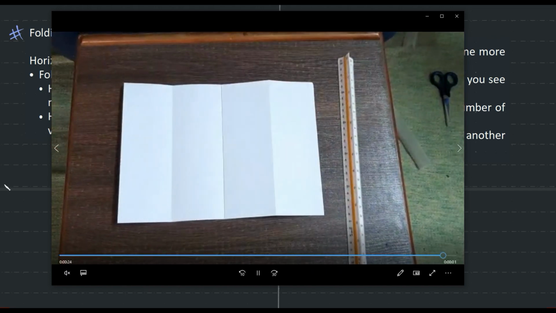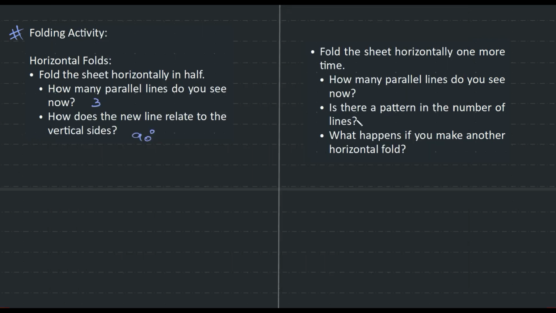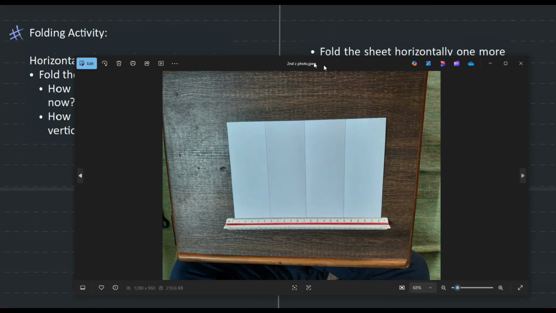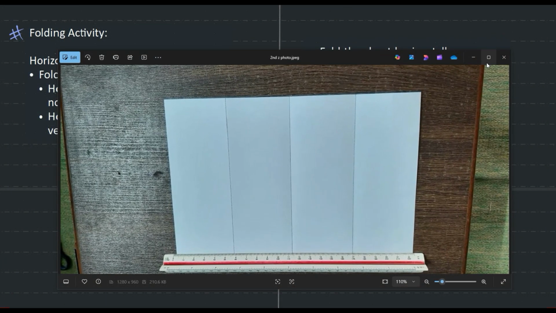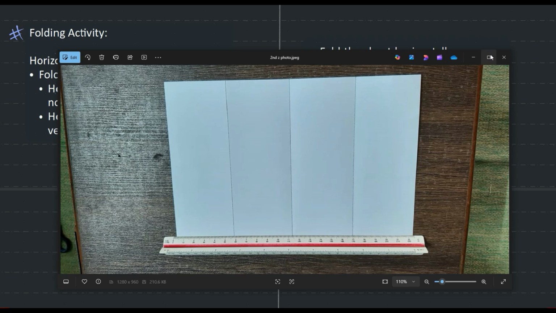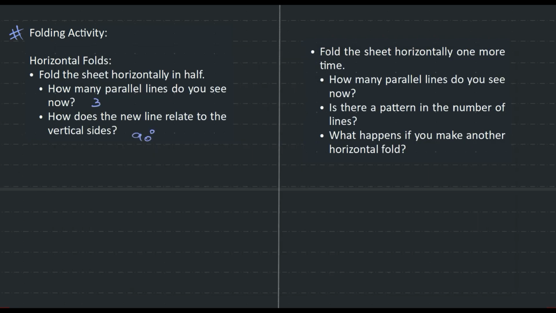The activity asks, is there a pattern in the number of lines? How many parallel lines do you see now? Again, count the edges: 1, 2, 3, 4, 5. So 5.